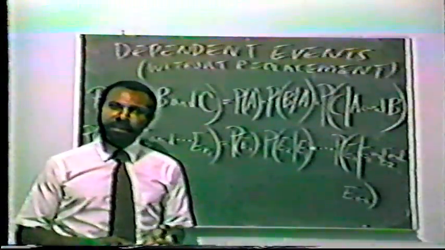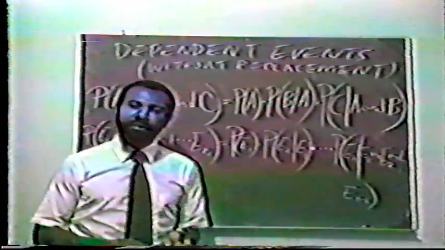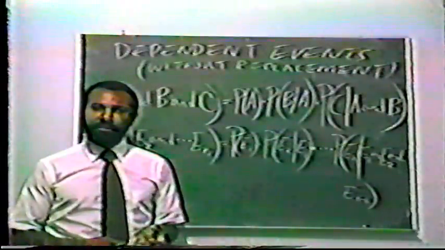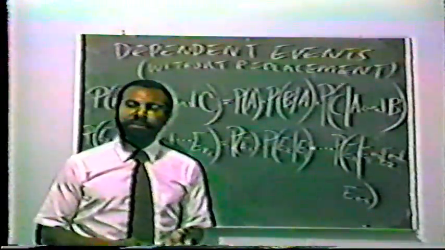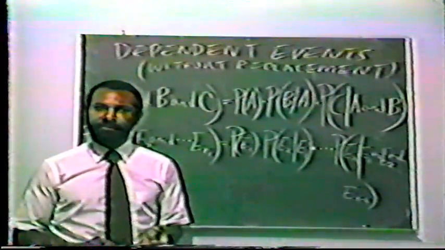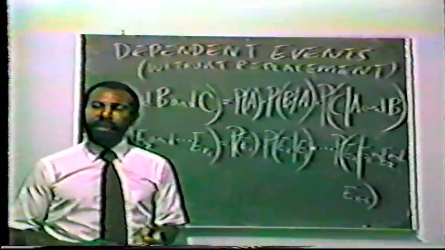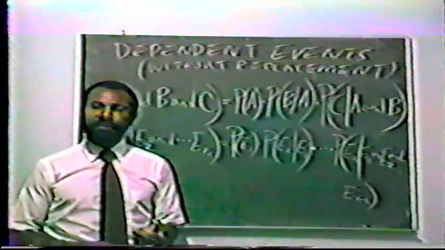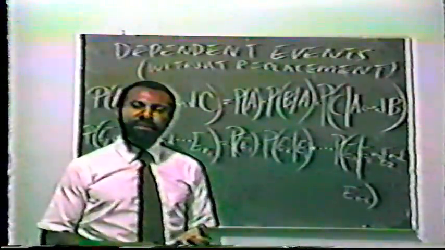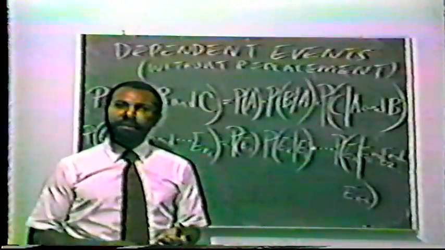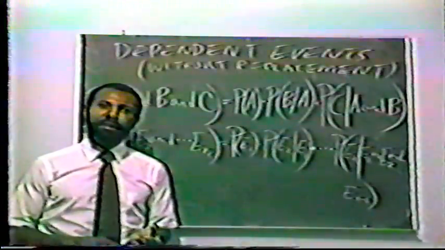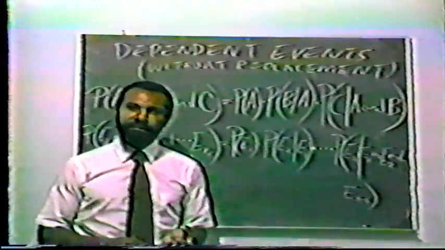We said that dependent events were events in which the occurrence of one of the events does affect the probability of the occurrence of the other event, and we call that without replacement. And then we had 2 formulas. One formula for the probability of A and B if A and B are independent, and the other formula for the probability of A and B if A and B are dependent events.